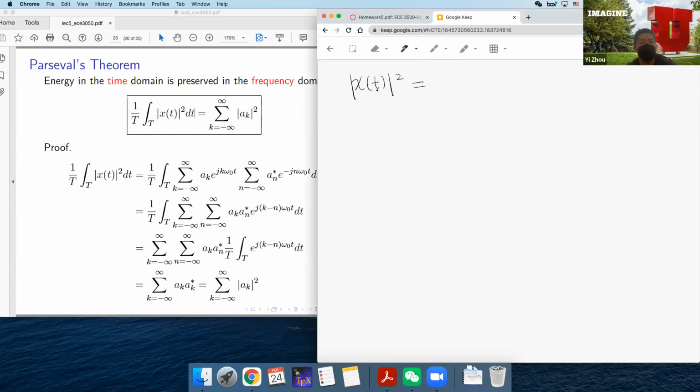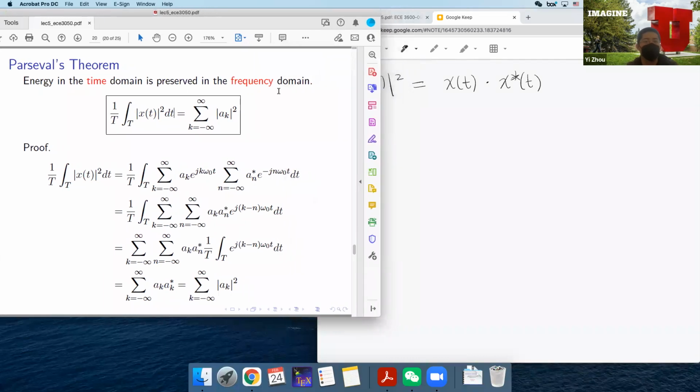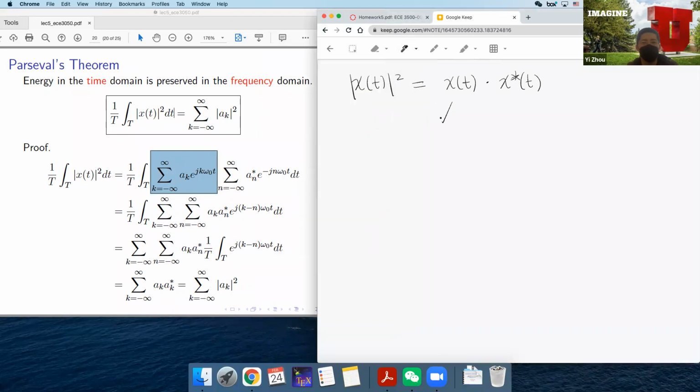For any complex number, its magnitude to the power of 2 equals x(t) times its conjugate. Okay. And then because x(t) is a periodic continuous time signal, we know that x(t) has a Fourier series representation. So we plug in its Fourier series representation here. Right, so now x(t) is this Fourier series.